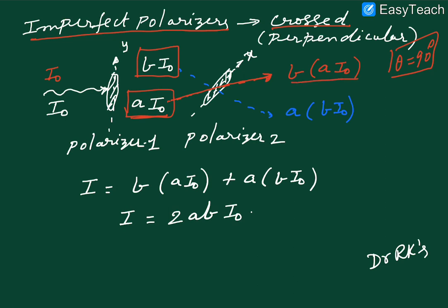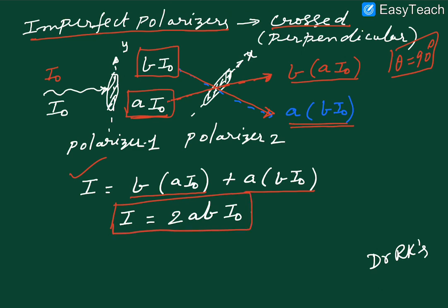This B I naught becomes A into B I naught after passing through the second polarizer. So the parallel component and perpendicular component are reversed. Then the intensity of light after passing through the second polarizer is B into A I naught plus A into B I naught. So the total intensity is 2AB I naught.